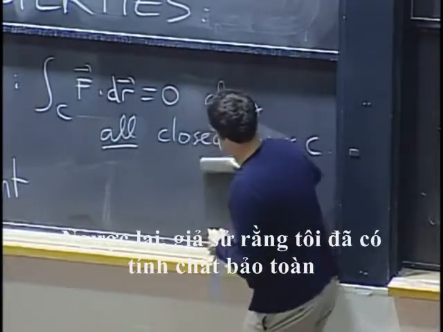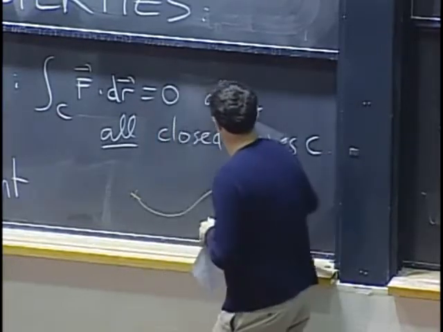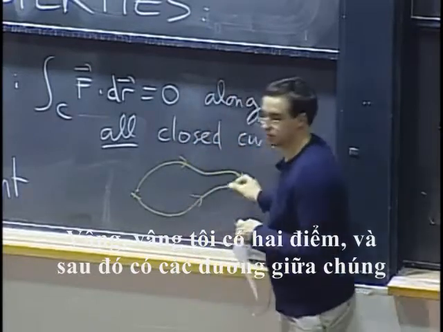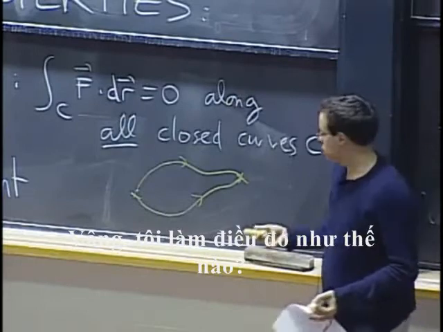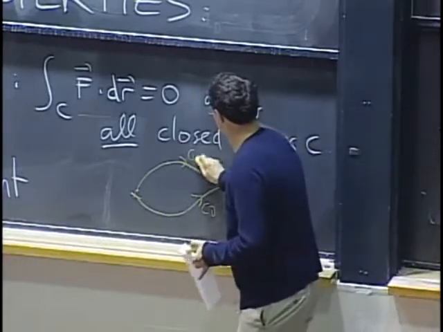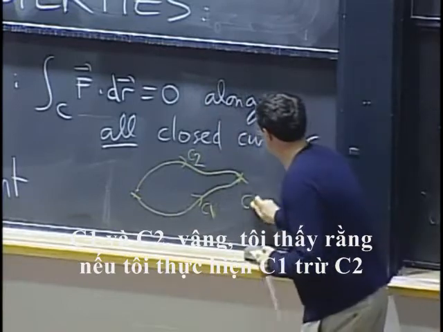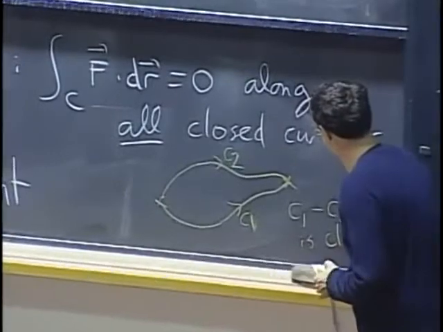Conversely, let's say that I'm just conservative, and I want to check path independence. Well, so I have 2 points, and I have 2 paths between them. I want to show that the work is the same. Well, how do I do that? Oops, C1 and C2. Well, I observe that if I do C1 minus C2, I get a closed path.